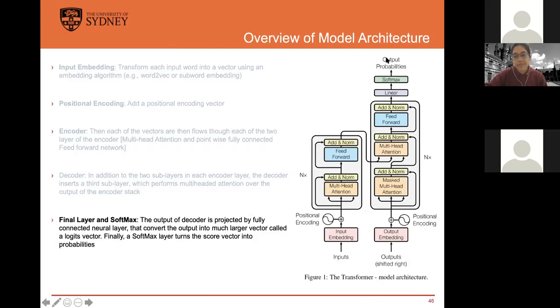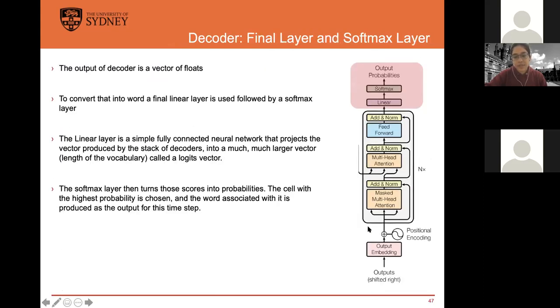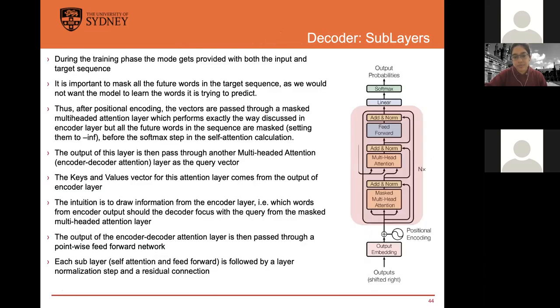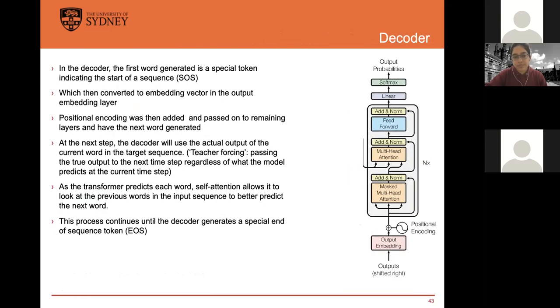Say, for example, the first word the decoder predicts is "I", whereas in the target sequence the first word is "the". So it is not doing the job correctly.